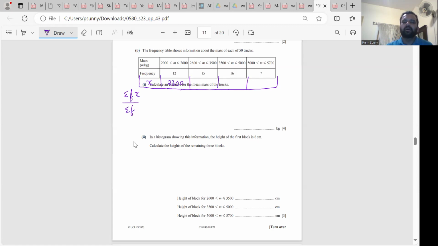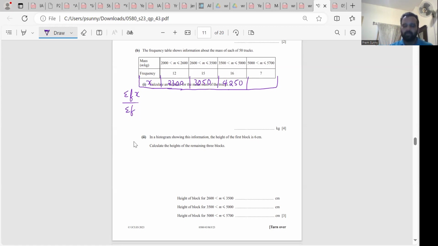Now to get the next midpoint, 2600 plus 3500 divided by 2, I get 3050. Again, to get the midpoint, 3500 plus 5000 divided by 2, 4250.